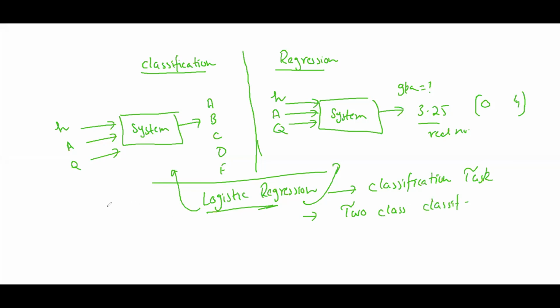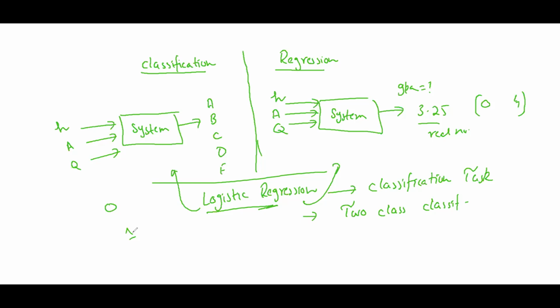Okay, means there are only 2 classes, 0 or 1. So if you see all the examples that we have seen today, almost all the examples, we have been solving two class classification problem. All the gates, they were two class, 0 and 1, they were two outputs. Then at the end, I showed you an example of buying a car.